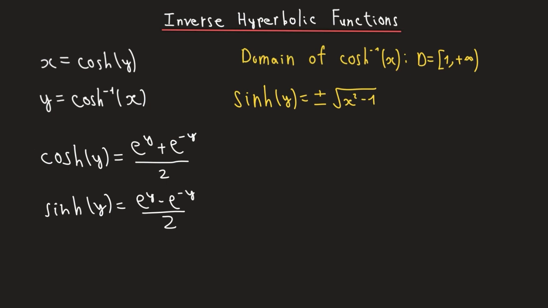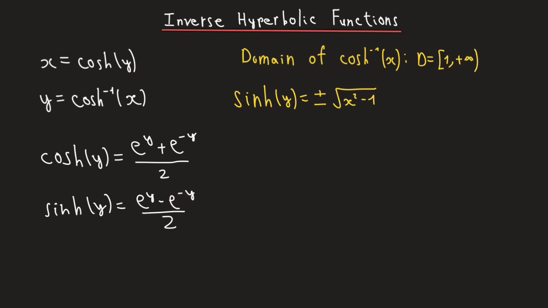One key important formula is that if we add cosh of y and sinh of y, we get the exponential function. Indeed, we have e to the y over 2 plus e to the y over 2, which is equal to e to the y, and e to the minus y over 2 minus e to the minus y over 2 is equal to 0.